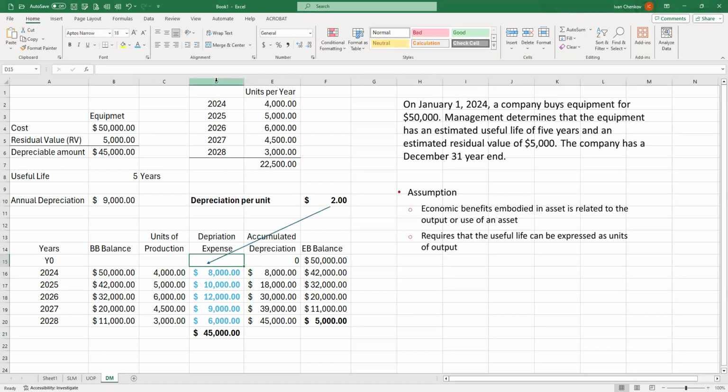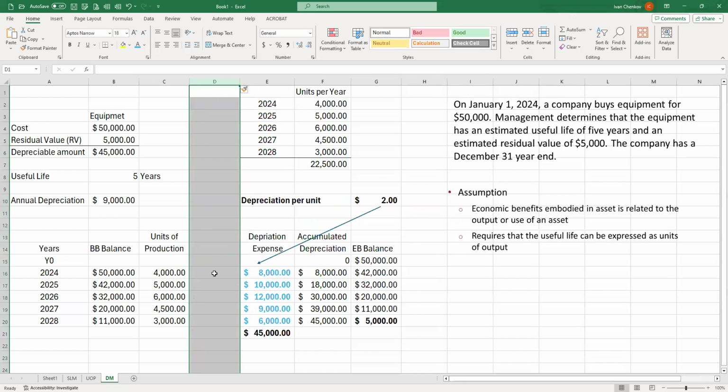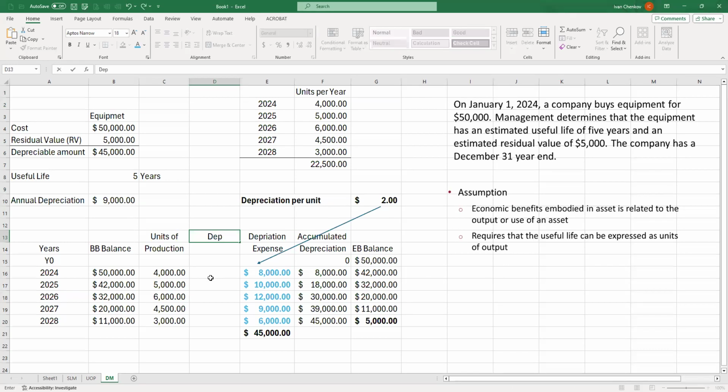Or to make it easy, I can insert one column here for depreciation per unit, and that will be more clear. Depreciation per unit is equal to $2.